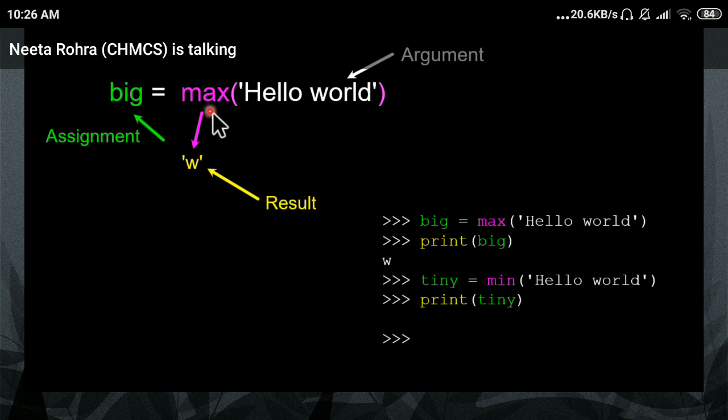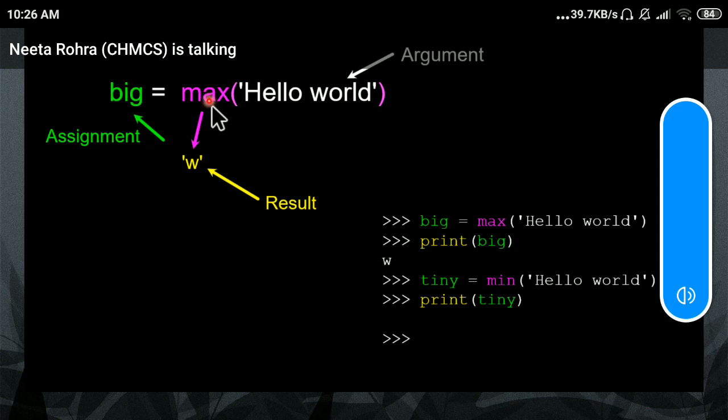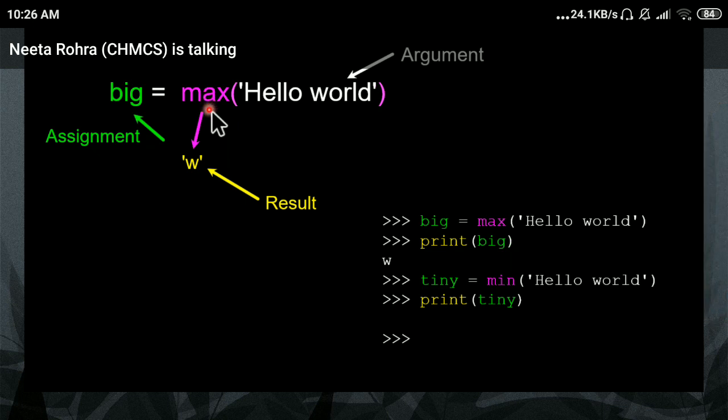So this is a built-in function which has one argument of the data type string. It does the calculation which is already written in its program, stored in a package of Python, and it returns you a character. When you print, it prints your values.